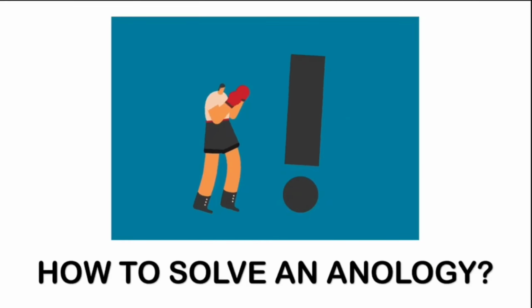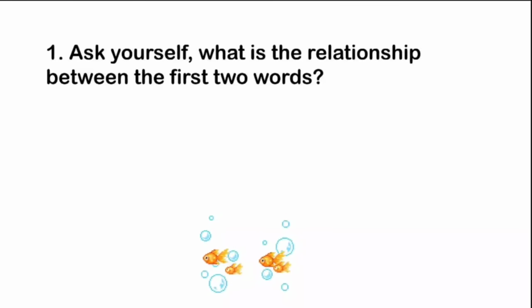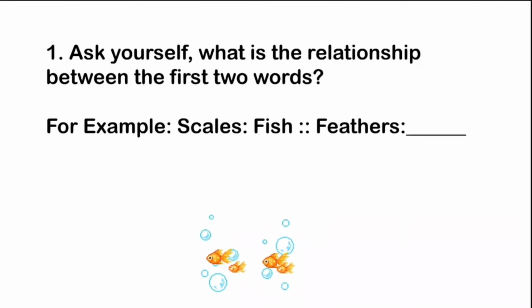The next part is I will be teaching you how to solve an analogy. The first step is to ask yourself, what is the relationship between the two words? For example, scales are to fish as feathers are to blank.